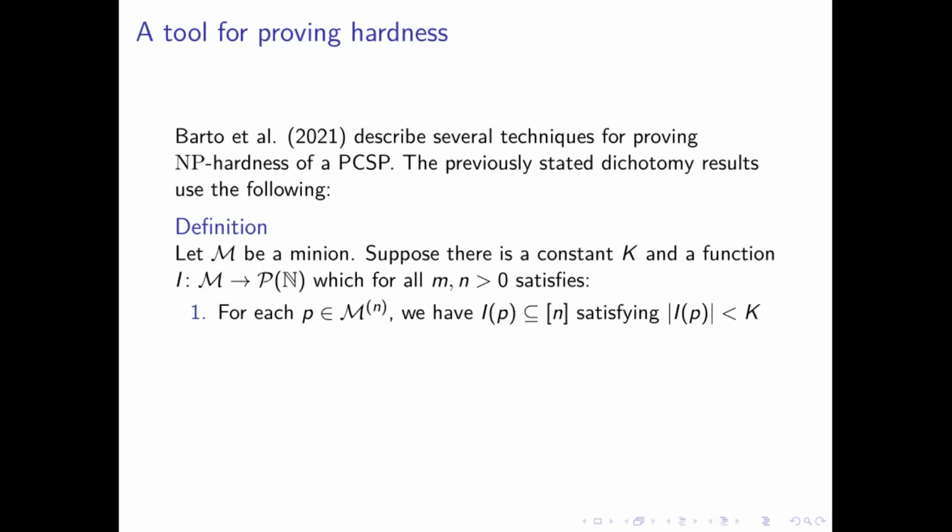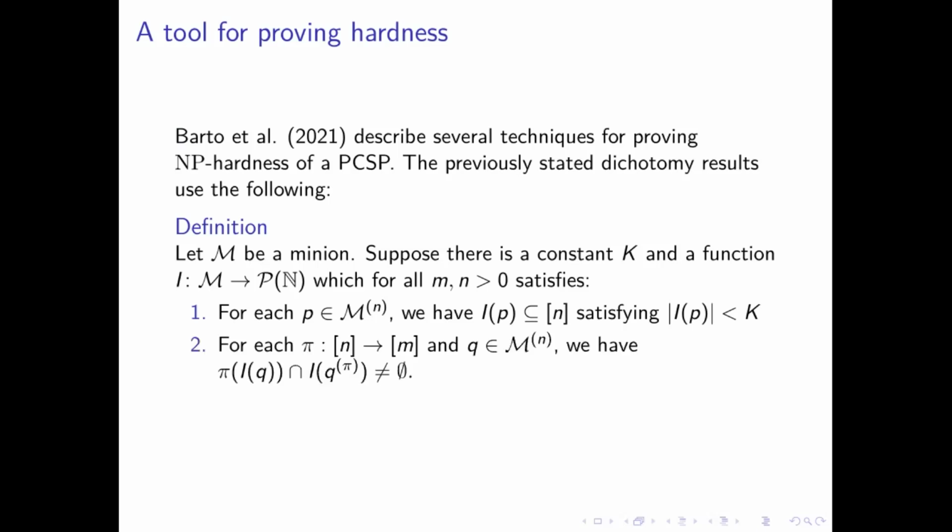And if I satisfies that it's bounded, and this technical condition involving minors, then I will be called a selection function. This technical condition basically just means I plays nice with taking minors. So this is what I'll call a selection function for M with bound k.